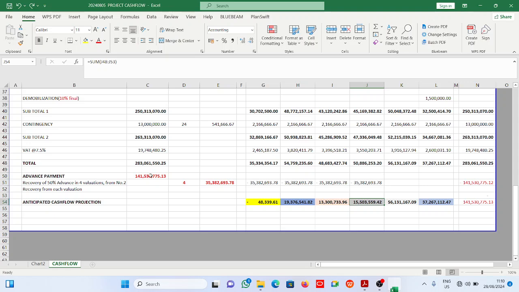Now of course he was paid 50% advance payment, so what he will be having in his valuations will be the other 50%. So this is 50% advance payment. Now if you come here, this is the other money he will get through valuations, which is another 50%. So this plus this gives me back that.